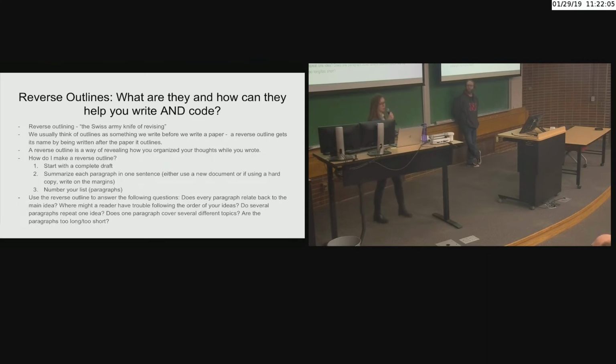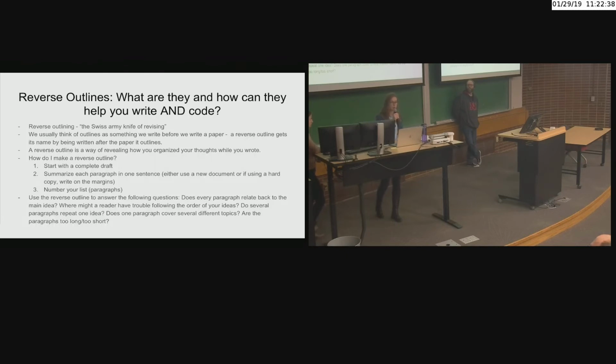And the very last step says number your list or number your paragraphs. This is an important step because it makes the process way easier for you. It makes it easier to say, okay, paragraph number 5 doesn't really fit into the rest of the paper, or it doesn't feel that connected to my thesis statement or my main argument, so I need to do something about paragraph 5. This is why it's important to number these paragraphs.